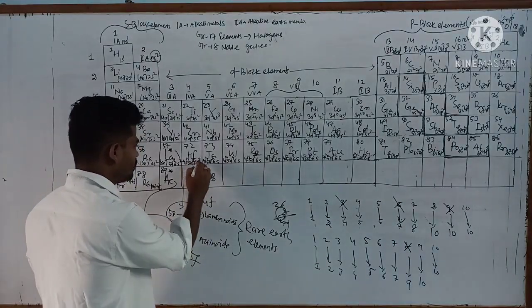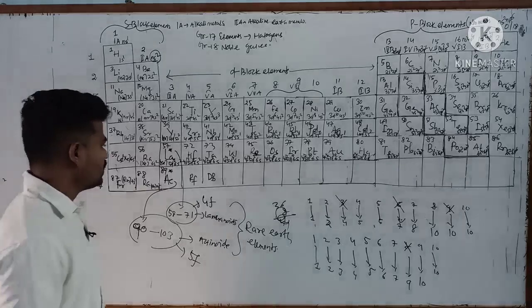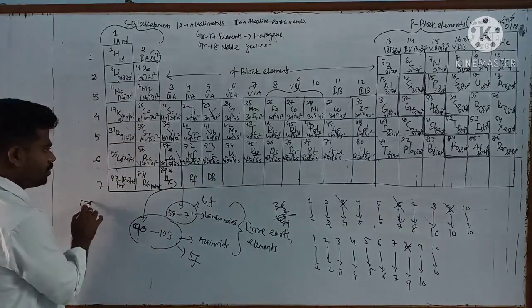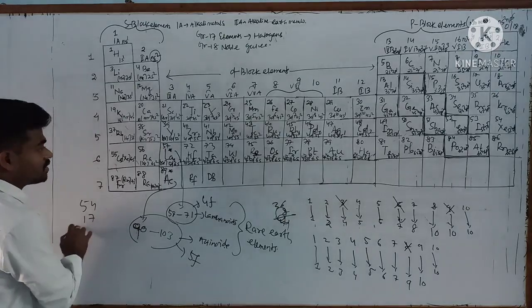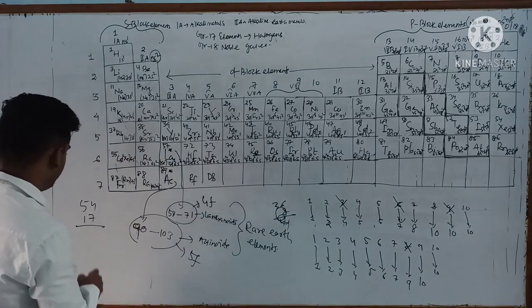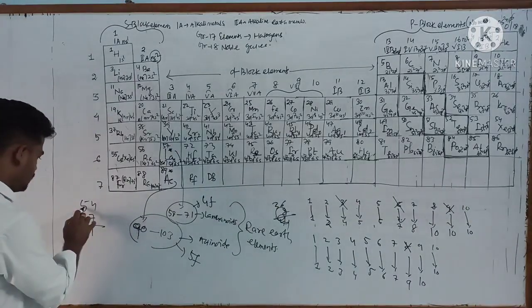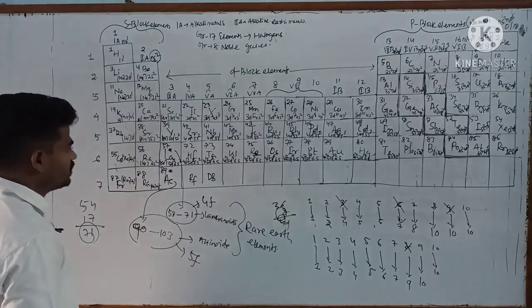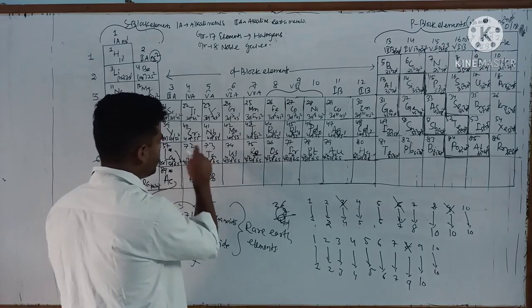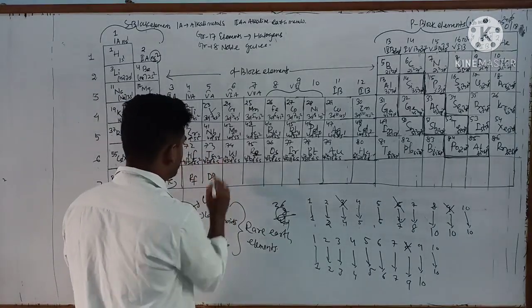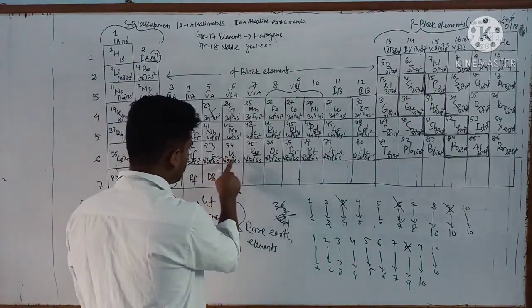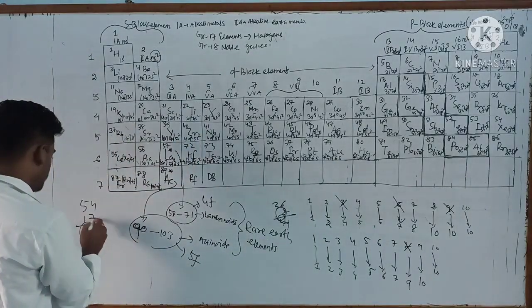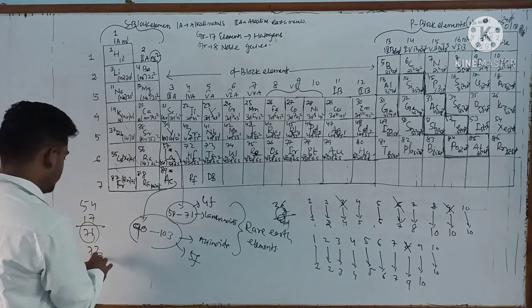So 6s2 is there. Next 54 plus 17, that will be 71, then this is 73, so that will be 2. Again here 14, 4, 18, okay, 54 plus 18, that will be 72.